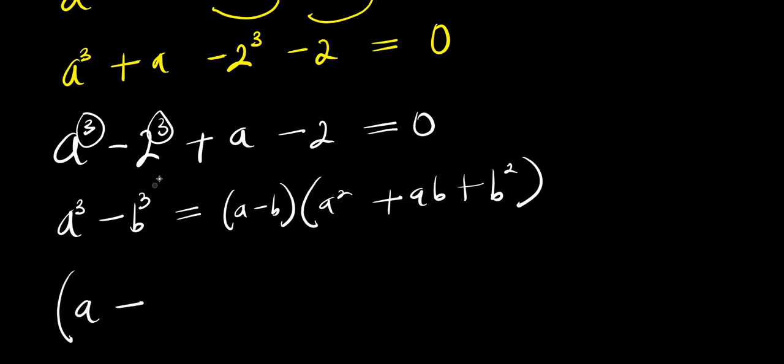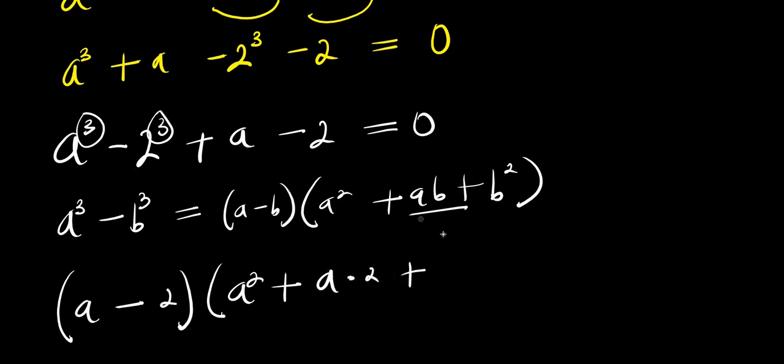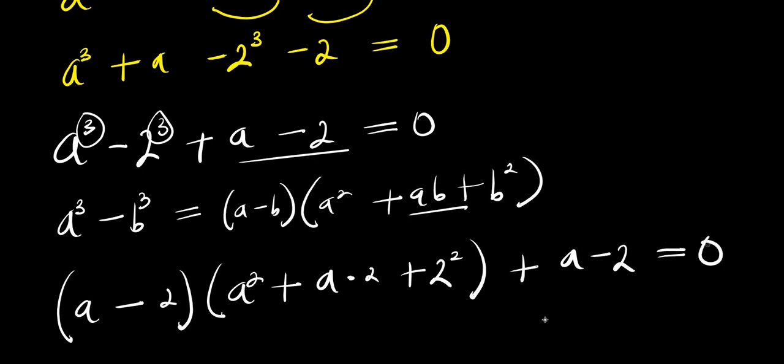We have a minus b, that is a minus 2, times a squared, that's a to the power of 2, plus ab. Our a is a and b is 2, that is a times 2, plus b squared. Our b is 2, that is 2 to the power of 2. Then there's a minus 2 again, and before them both there's plus here. Plus a minus 2 equals 0.